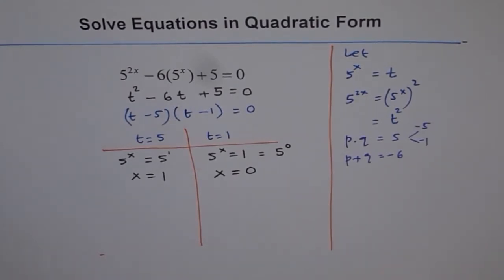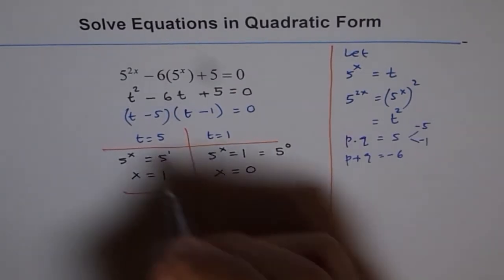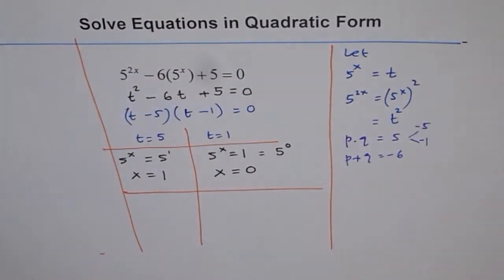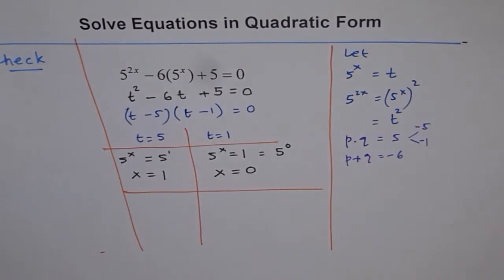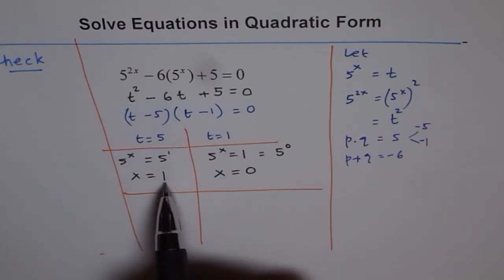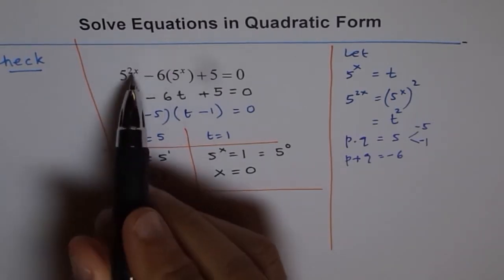But do they really work out? So what we should do is, we should check. So let's check it on this side. So how do you check it? To check, very simple. Just plug in the value and check it out. So if I write x as 1, what do I get here?